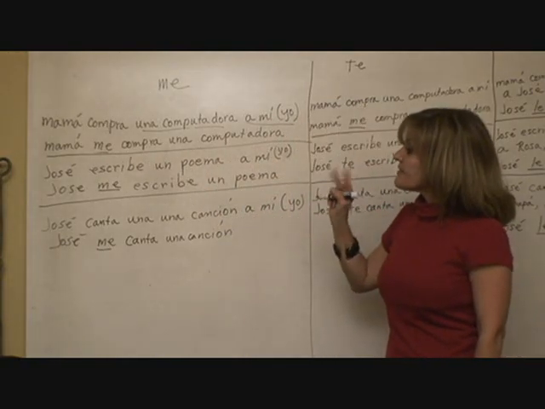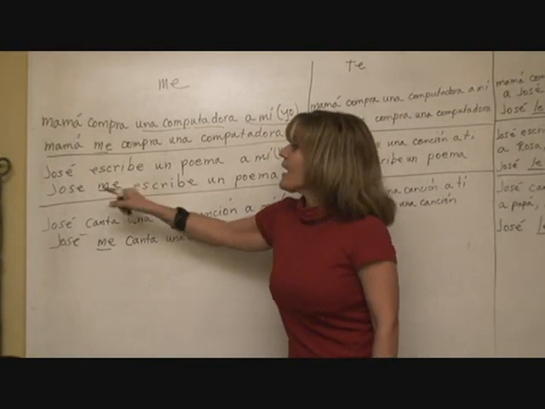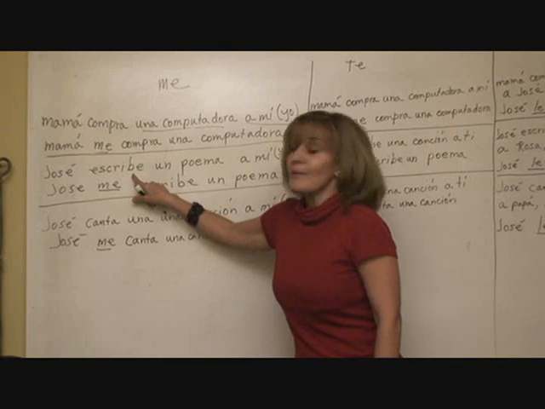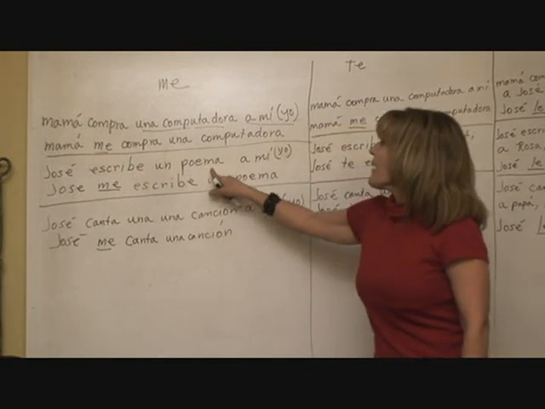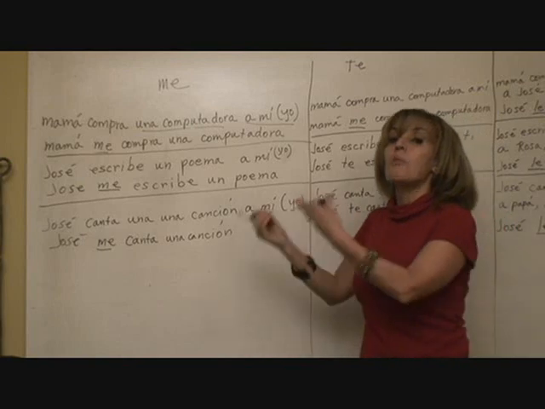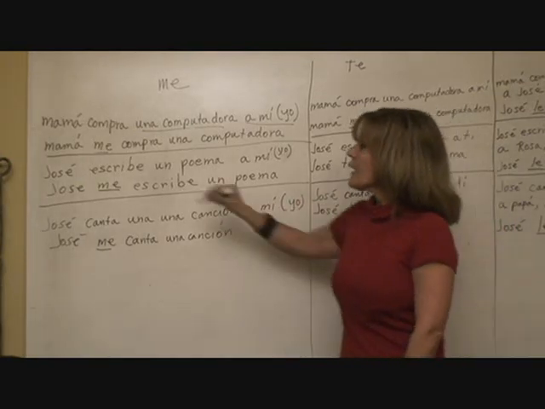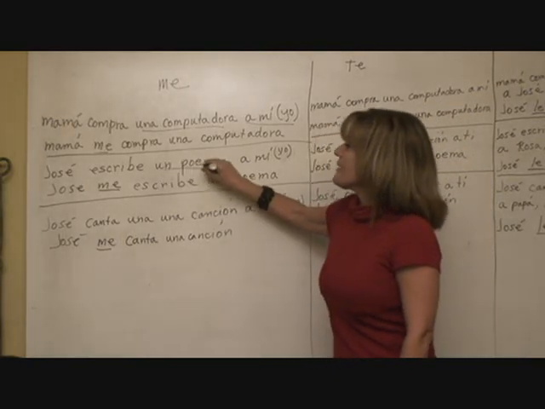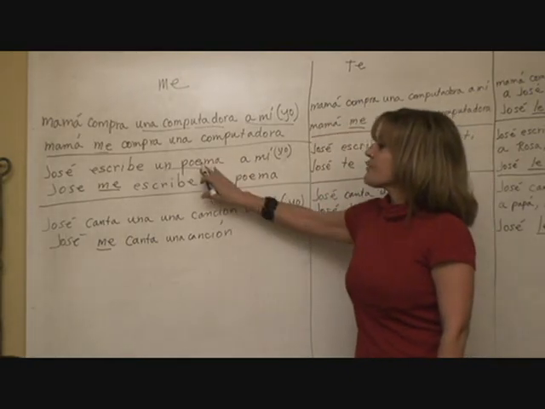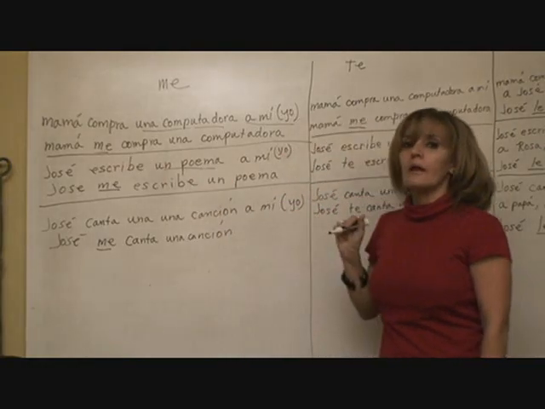Second sentence. José, I like that name, huh? José escribe un poema a mí. José writes a poem to me, a mí. Of course, un poema is the direct object because it receives the action of escribe. Where is this poem going?